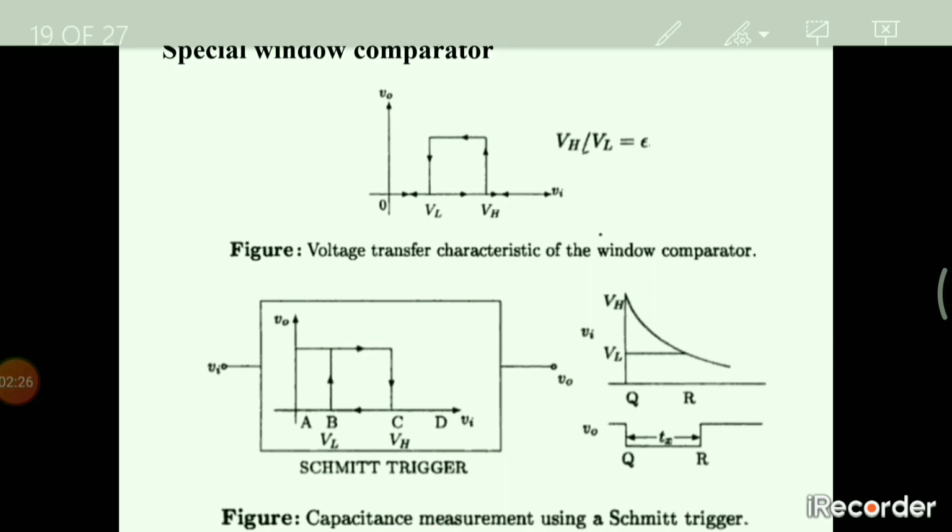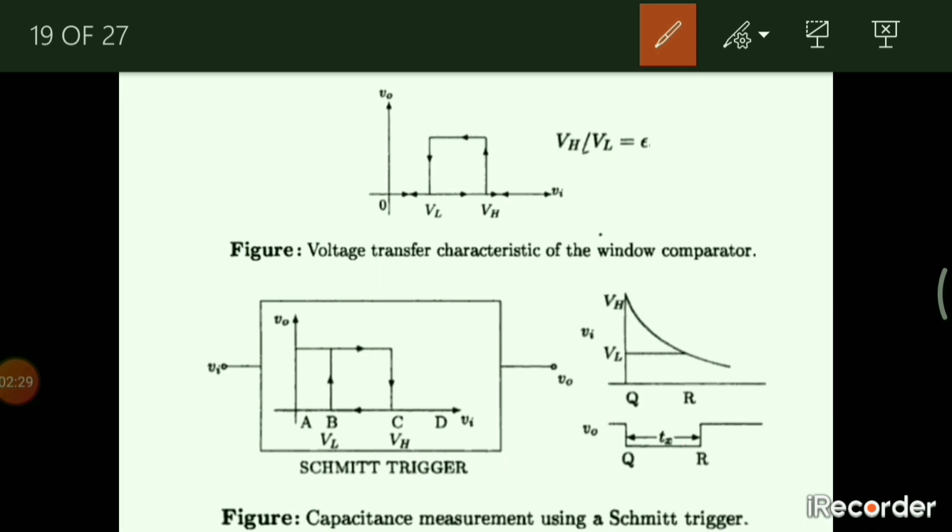In the first method, two comparators are used to find out how much time is required for discharging the capacitor. Here the voltage transfer characteristics for window comparator is shown. VH is the higher voltage level and VL is the lower voltage level. Epsilon is represented as the ratio of VH by VL, that is higher voltage level to lower voltage level.